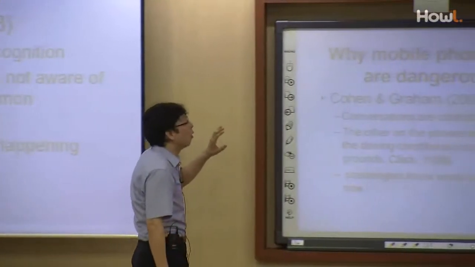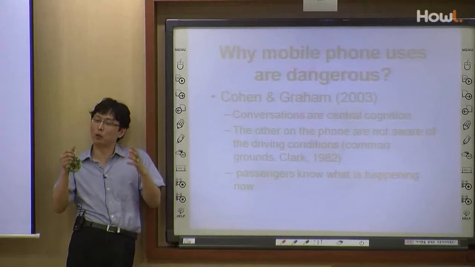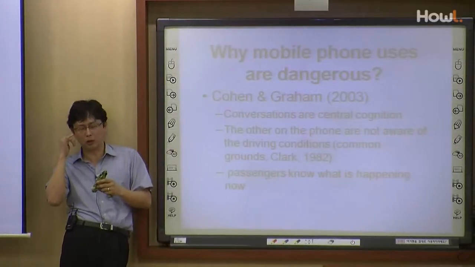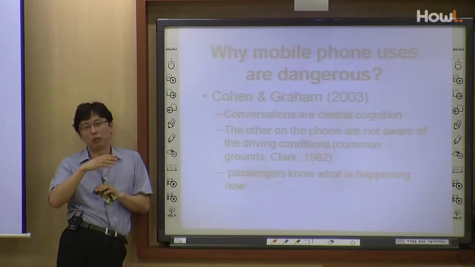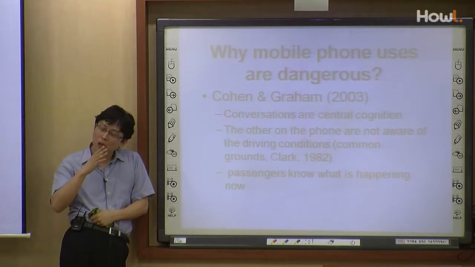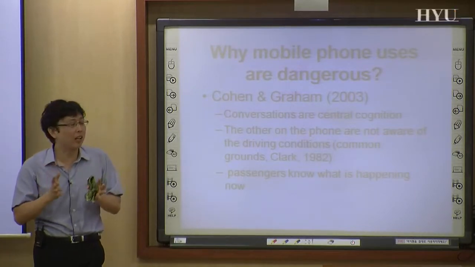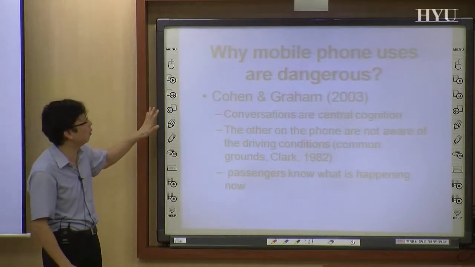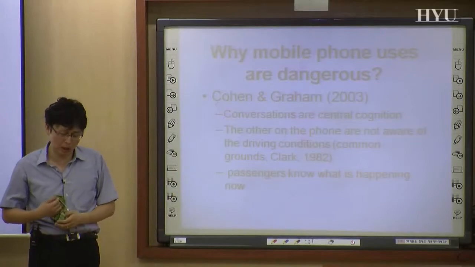Of course, many car simulations have identified that while you're driving, mobile phone use deteriorates your driving performance. But a more intrinsic approach to understanding careless driving while using a mobile phone was done by Cohen and Graham in a 2003 experiment.